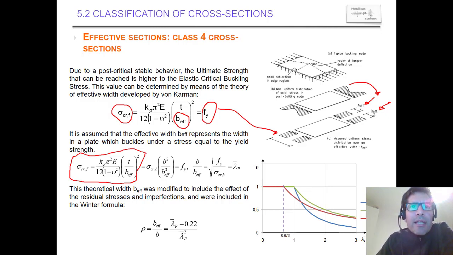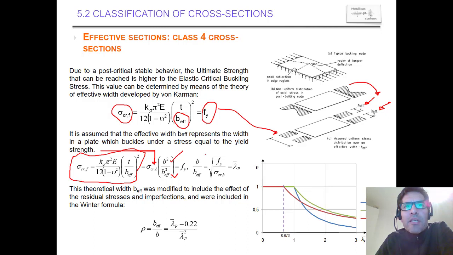So in this way we can separate terms and we can say that this equation becomes the elastic critical buckling stress that we have from previous experience, in which we use total B, and then we have B squared on the top because we multiplied it by B squared here, and then we have BF squared on the bottom, and this equals Fy, so no changes.